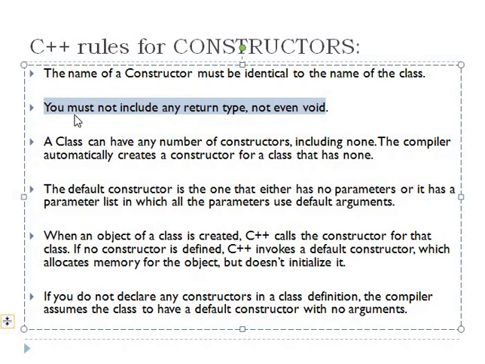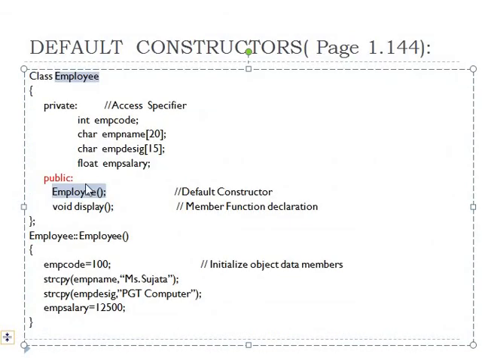Now look at this point. It says you must not include any return type, not even void, for constructors. Now look at this constructor of this class known as employee. If you see this constructor, there is no return type, not even void. But if you look at this member function display, it has the return type void. And that is the difference between a constructor and a member function.